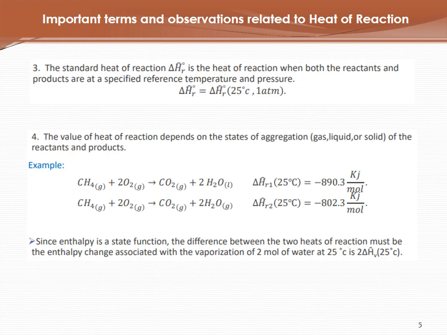The heat of reaction for the first case is higher because there is latent heat involved when the water vapor becomes a liquid, which is not present here. In the second reaction, the water vapor is still in the gaseous state and has not gone into the liquid state, so the latent heat is not released. So what we're trying to say here is that the heat of reaction depends on the physical state of the reactants and products, whether they are in liquid or gaseous state.